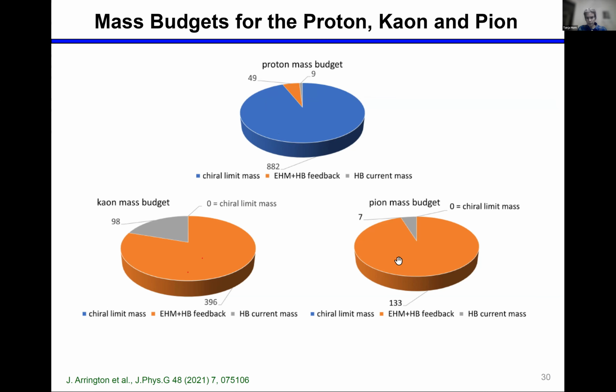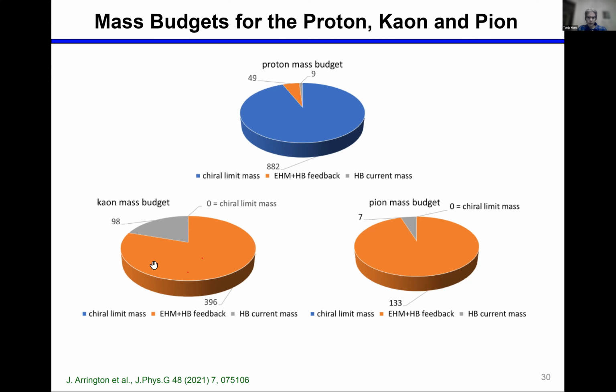Now, if you look at the picture of the pion and the kaon, you see the mass in the chiral limit is 0, it's massless. And that owes to the emergent hadron mass itself via the dynamical chiral symmetry breaking, which I discussed a little bit earlier. You can see that 95% of the pion mass is essentially due to the emergent hadron mass and the interference with the Higgs boson.